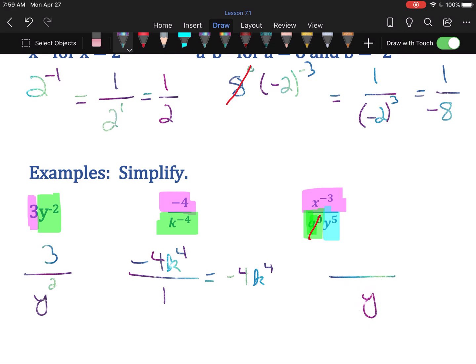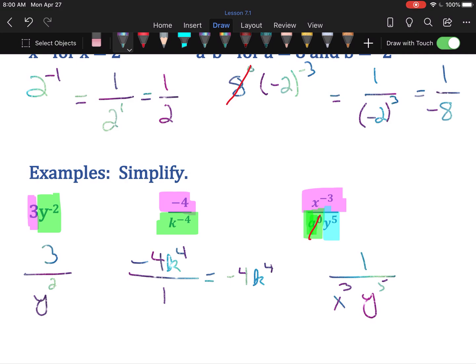So y to the 5th is already in the denominator, and it's fine. X to the negative 3 has to move to the denominator to become positive. So x cubed now in the denominator. And in doing all of this, we've cleared out the numerator, so we have to put a 1 up there.